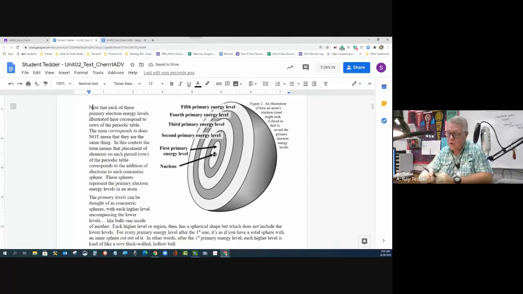When Niels Bohr, B-O-H-R, first proposed what the structure of the atom was in terms of those quantum levels, those energy levels for electrons, he imagined this kind of concentric sphere arrangement I'm talking about in my illustration.